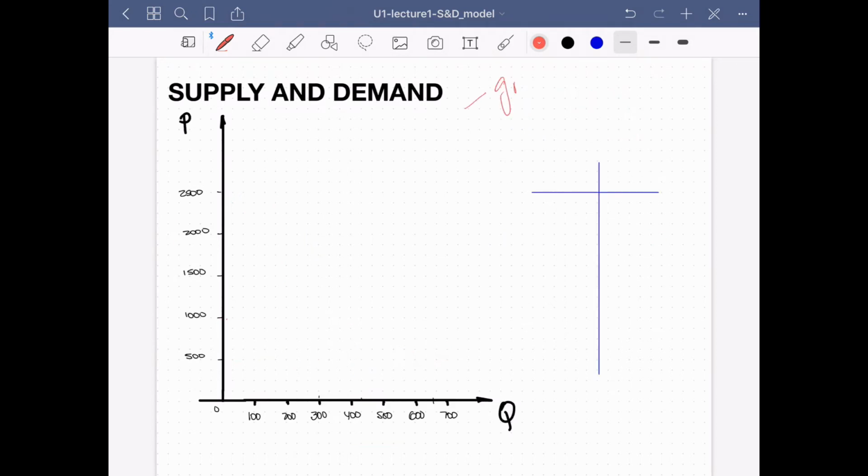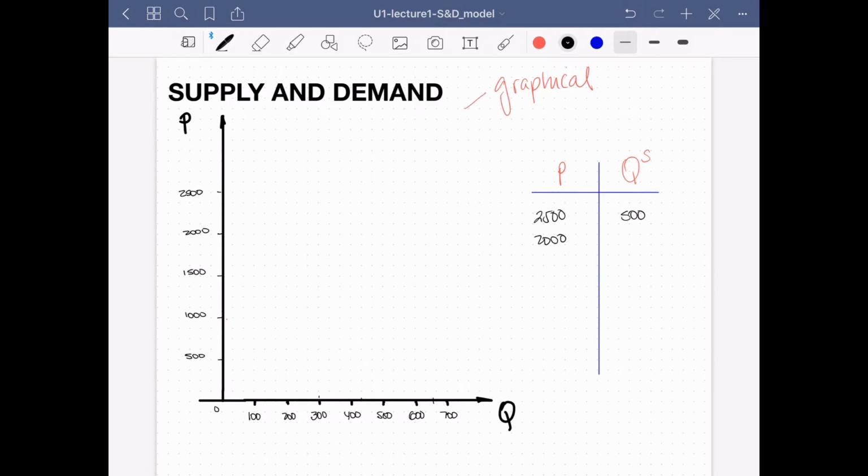Similarly, for the graphical analysis of the supply side, we need to know the price and the quantity supplied of this good at each particular price. So let's say that if rent prices are $2,500 a month, we will have 500 total units, homeowners that are willing to rent their places.